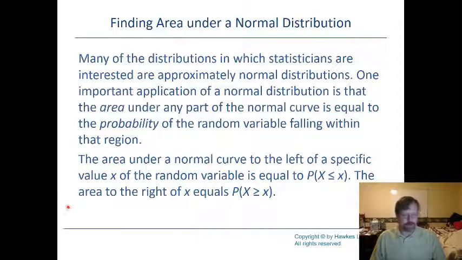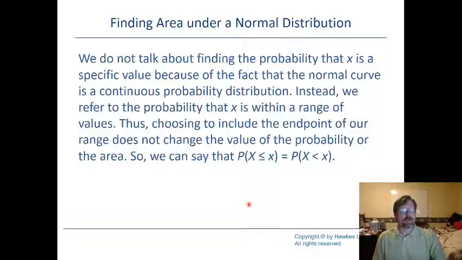So we've got some notation. The probability that the value we're interested in falls below some certain score, or the value that it falls above some certain score, that's written in those ways. We don't talk about x being a specific value.